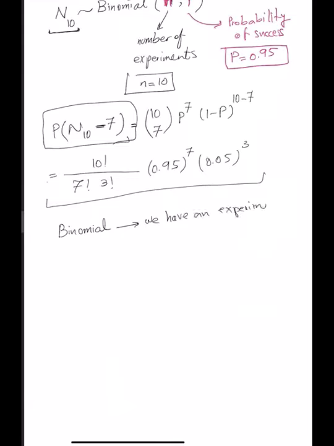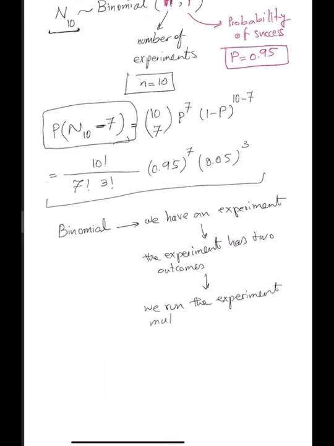Here it was checking a medical record. The experiment has 2 outcomes. We run the experiment multiple times.